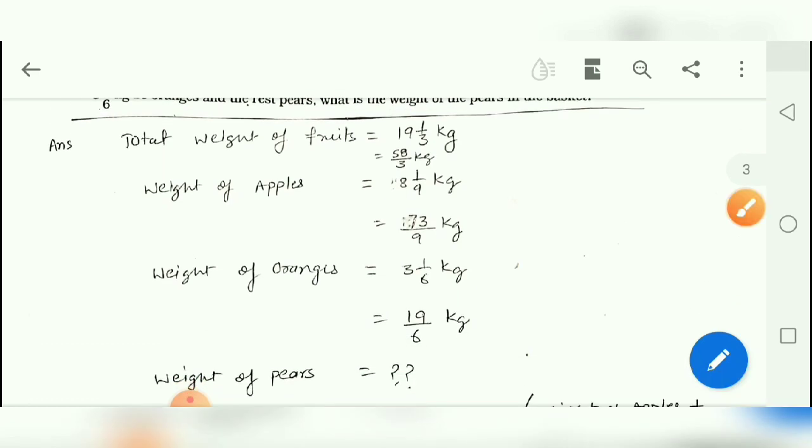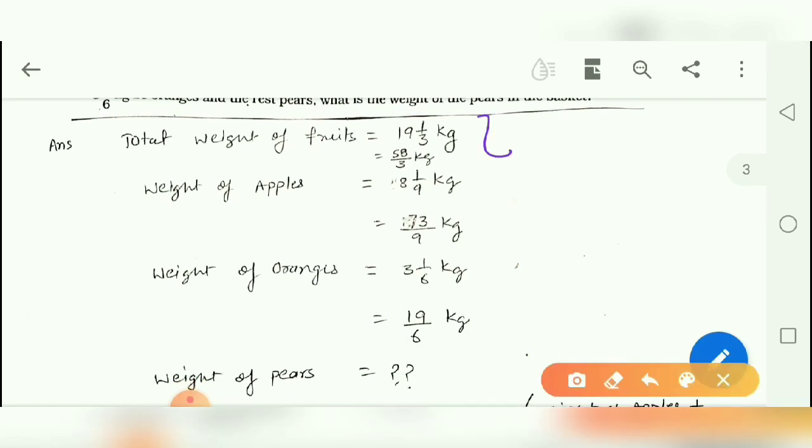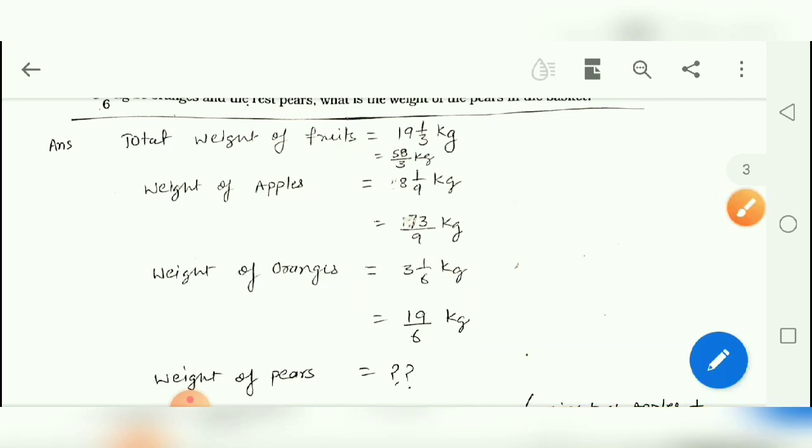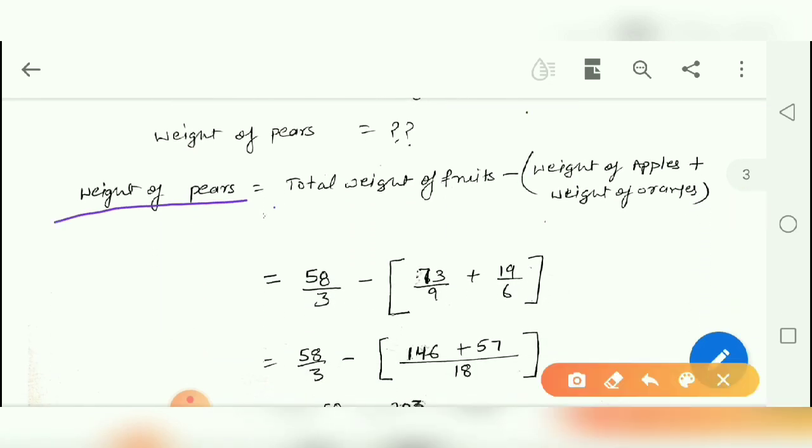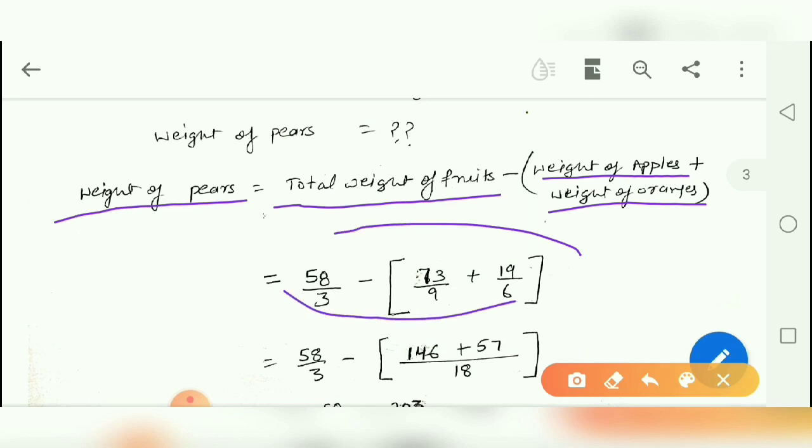Here I have converted the weights into improper fractions of apples as well as oranges as well as the total fruit weight. Now for finding out the weight of the pears, the formula will be the total weight of the fruit minus the weight of the apples plus weight of the oranges in that basket. So this equation will be formed.